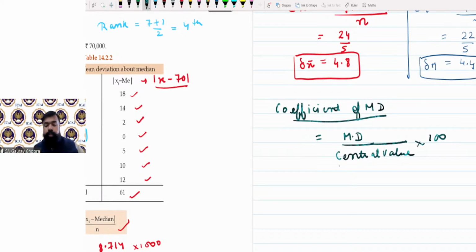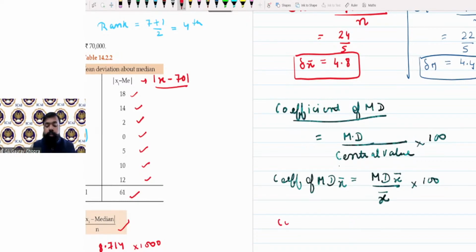If it is coefficient of mean deviation from mean, then the formula will be mean deviation from mean upon central value, which is x bar, multiplied by 100.